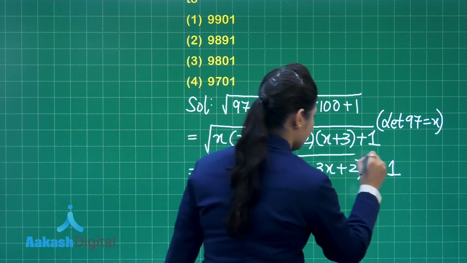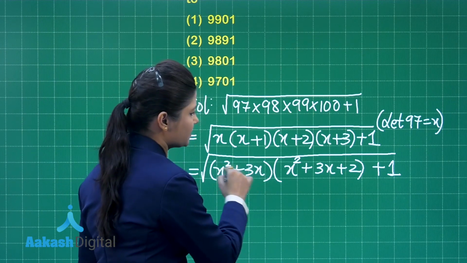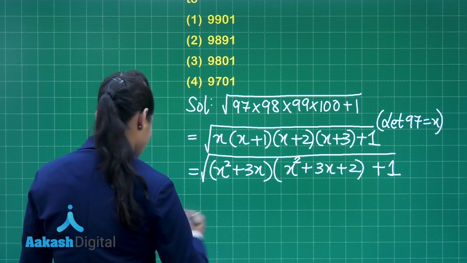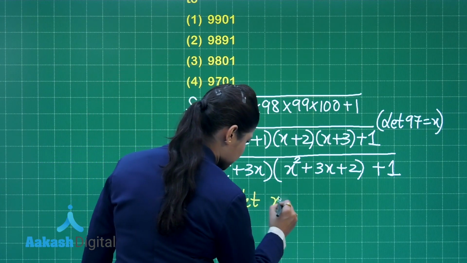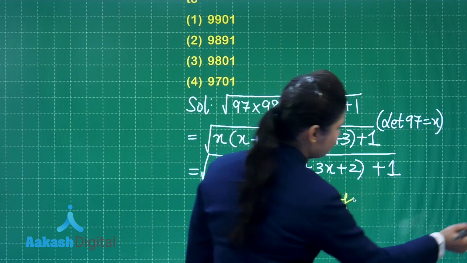Next, if you observe, I have x square plus 3x. If I multiply this further, it will become biquadratic. So let's take x square plus 3x equal to y for easier calculation.